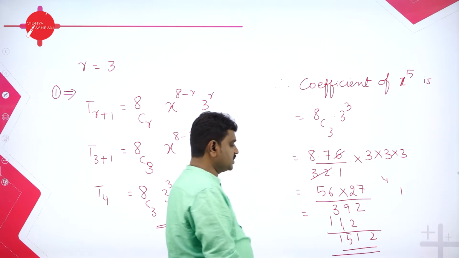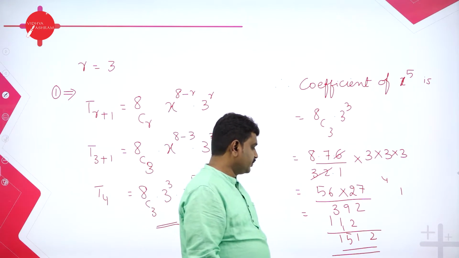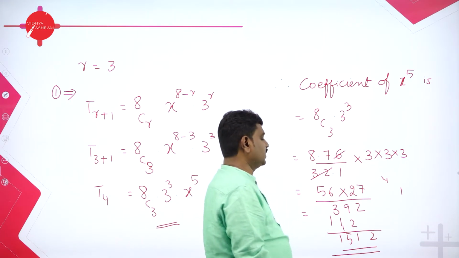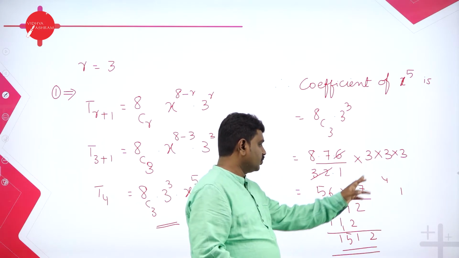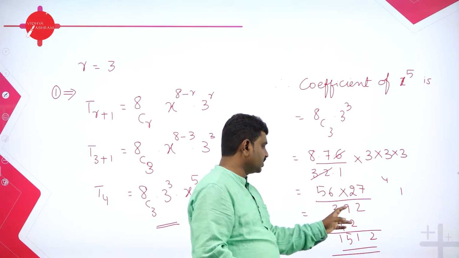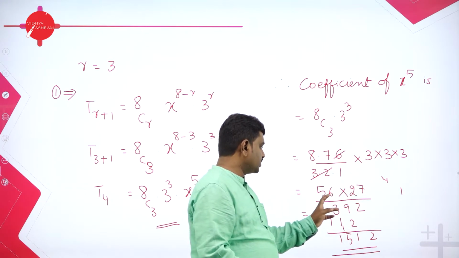So the coefficient is 1512. 7 6s are 42, 4; 7 5s are 35, 35 plus 4 is 39; 2 6s are 12, 1; 2 5s are 10 plus 1 is 11.